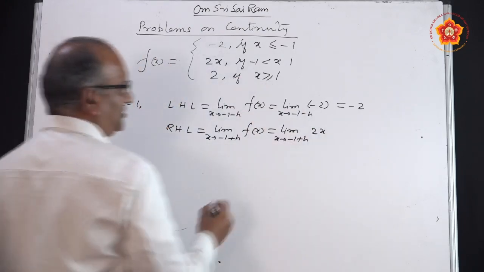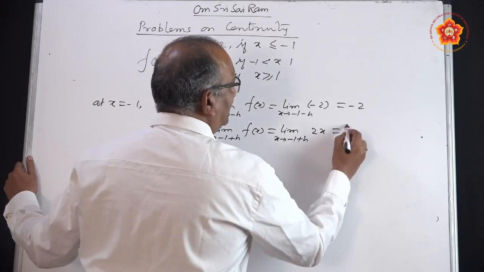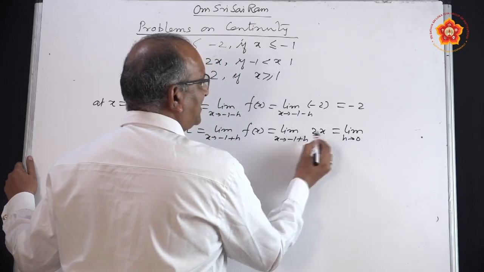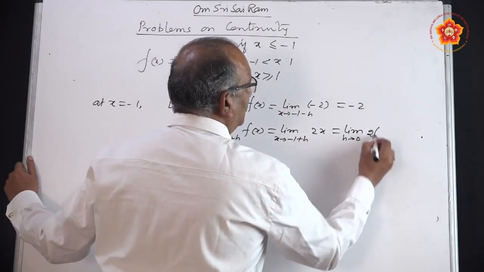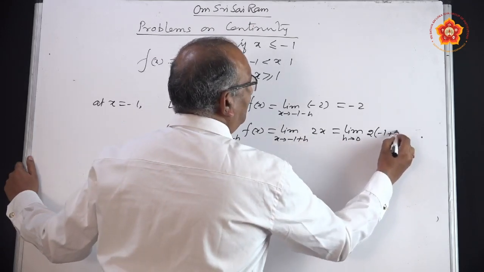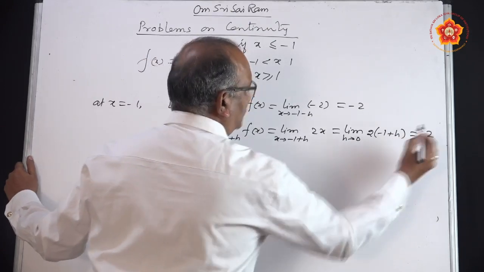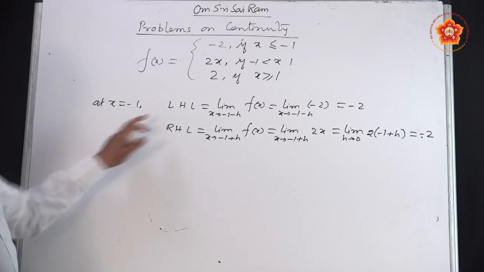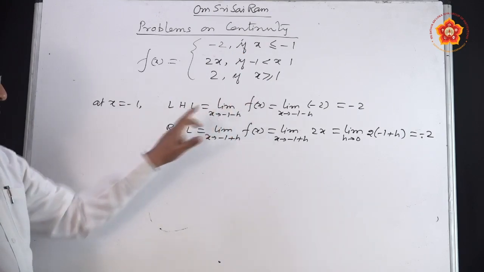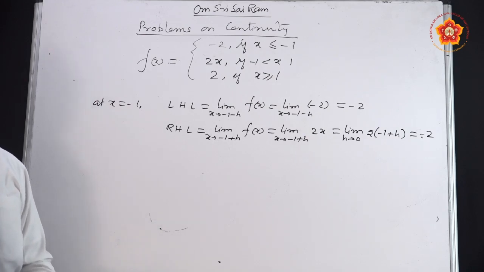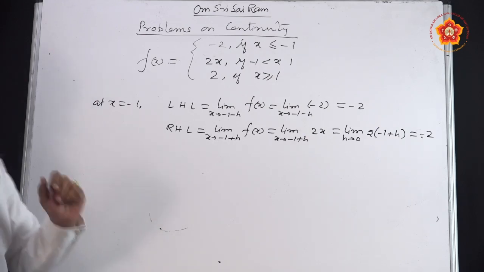Now proceed to the limits in order to evaluate. We say limit h tending to 0, x is substituted by this value, 2 into (-1 plus h), and now proceeding to the limits, you get the answer -2. So we find that the left hand limit is -2, the right hand limit is also -2. So the limit exists.